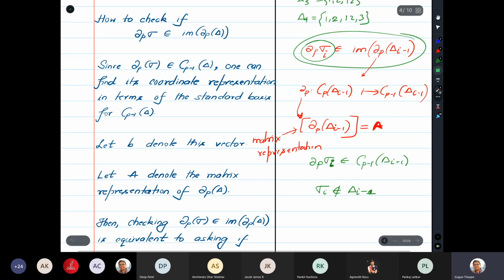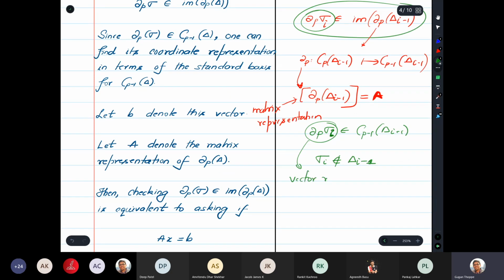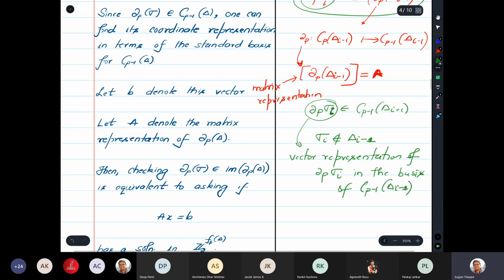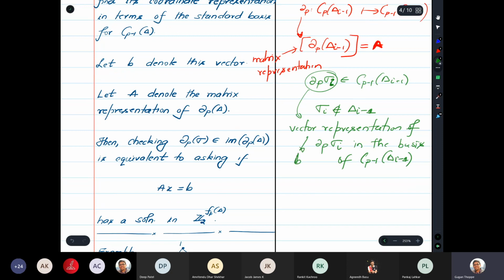So what this means is that I can find the vector representation of ∂p of sigma i in the basis of Cp minus 1 of delta i minus 1. So let's say this vector representation is B, right?